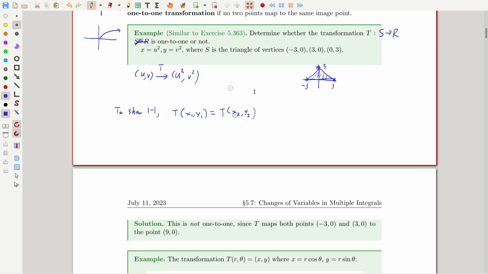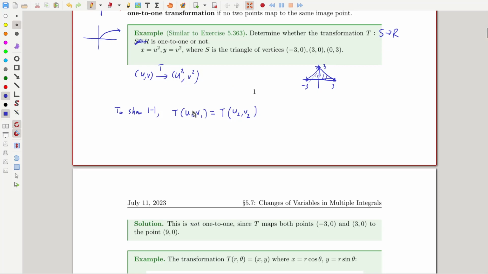Maybe I should be using u and v because this is before we map over. Yes. So before we map over to the xy plane, we're in the uv plane. It's somewhat important to keep track of which coordinate system we're working in. There'll be a technicality later that we will need to discuss. So I'm trying to be careful and specify things.